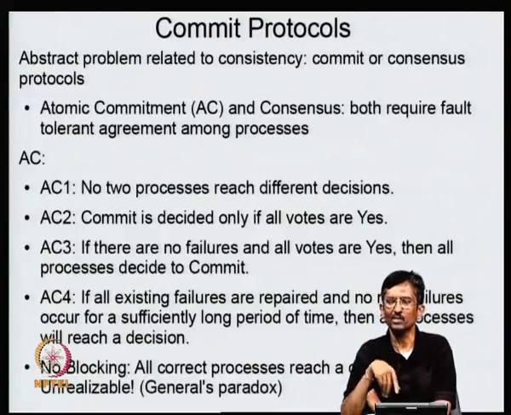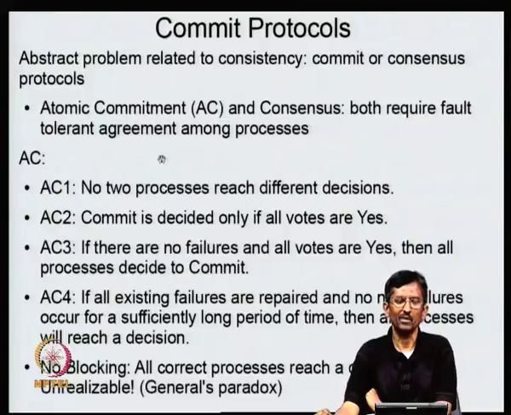From this you can actually construct other kinds of problems, like for example deciding on a particular value, for example, should the value be 7, 8 or 100, whatever. But right now we are going to talk about binary, which is yes or no.